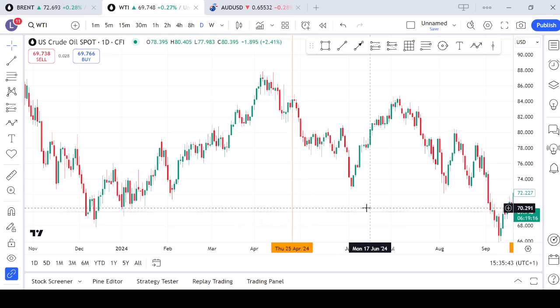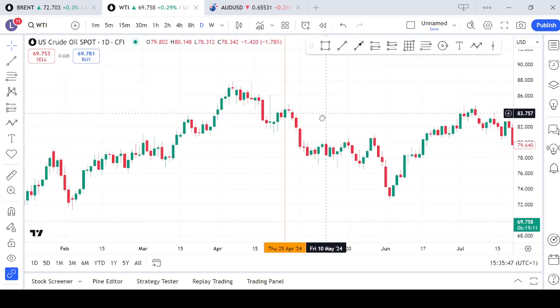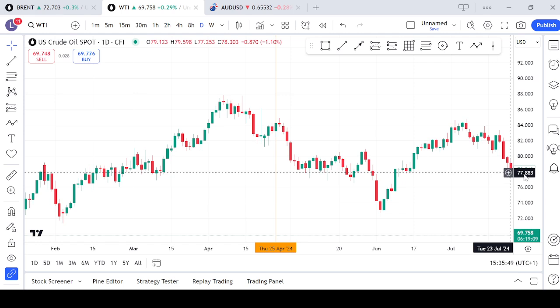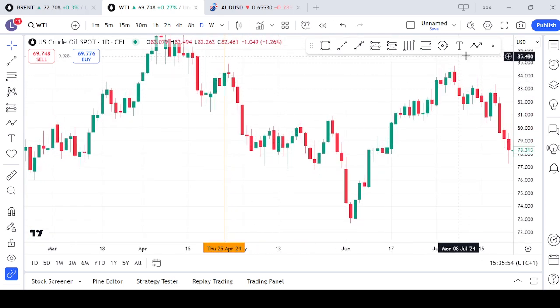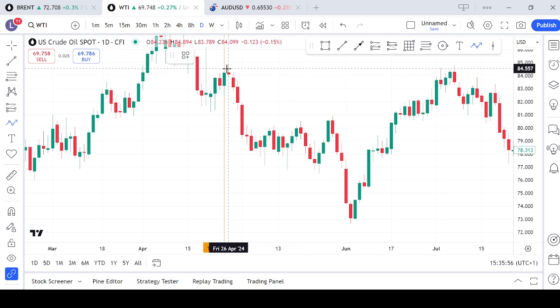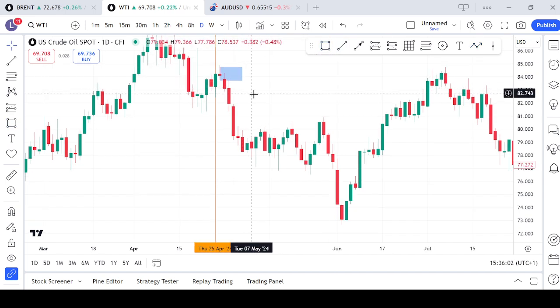So you can see here, this was April 25th, 2024. And you can see after that OPEC announcement, the bearish movements to the downside. You can see these wicks, this doji here, an indecision candle, signaling that price is about to go to the downside.